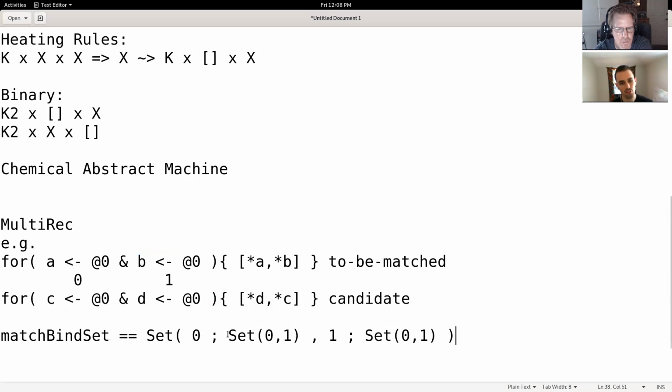Now what I want to do is generate a map which will basically be the permutation that corresponds to all of these possible bind matchings. And so what I mean by that is 0 could either correspond to 0 or it could correspond to 1. I don't know what notation you're familiar with for mappings, but I'll use this one.